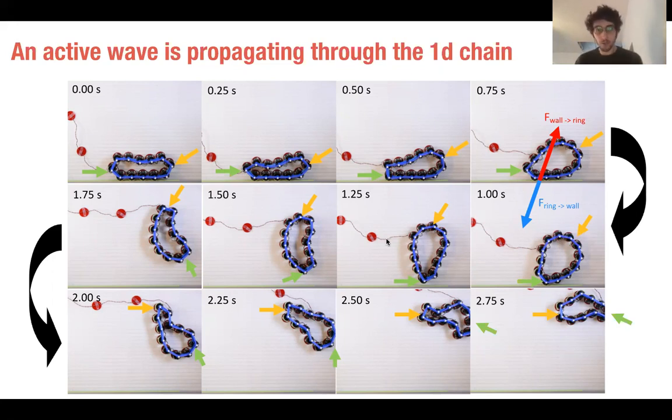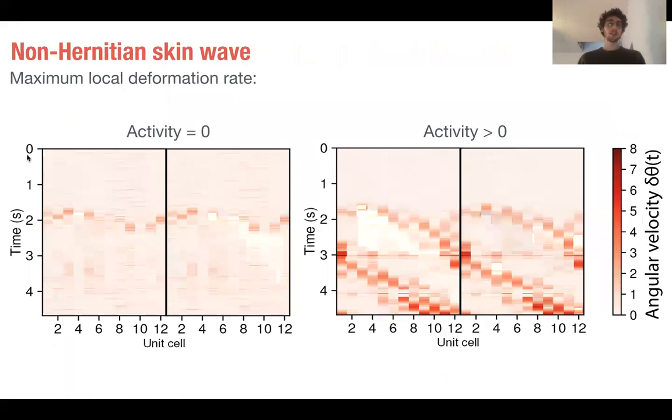So for example, if you look at this red cable here, this green arrow is going away from this red cable over time. So what it means is that there's some kind of a wave here that is propagating within the system as you deform it. And one way to quantify this wave is to generate those contour plots. So here on the y-axis, time increases in this direction. And here I've plotted the unit cell number.